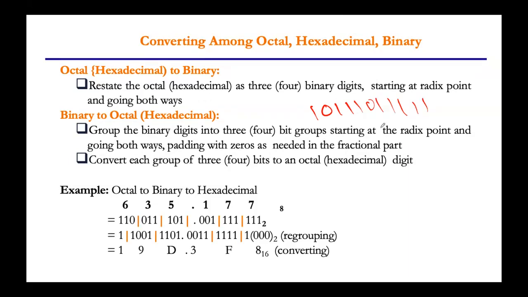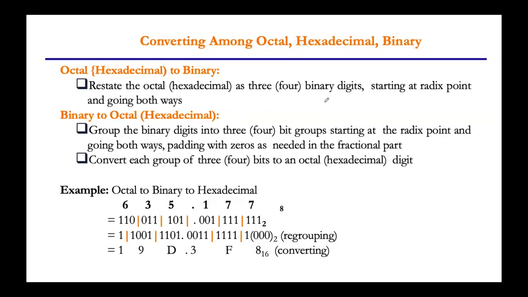Suppose for any number you get the binary form 1011101111, then divide all those digits into groups of 3 bits and write their equivalent decimal. That will give you the octal form. For hexadecimal, which is 16, that can be written as 2 to the power of 4, so 4 bits for hexadecimal, and 3 bits for octal.